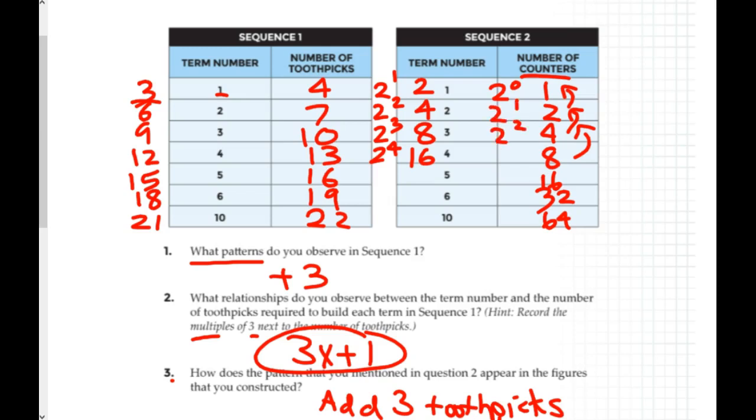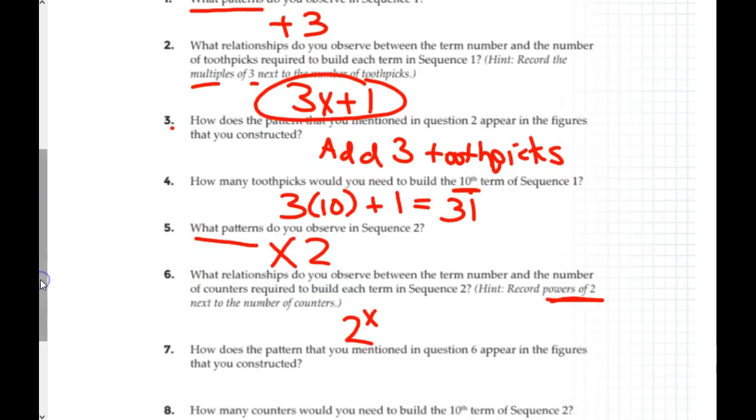So how do I get from here to here? From 1 to 0, from 2 to 1. What's the difference between this and this? The difference between this number and this number is 1 away. So our exponent is going to subtract 1.